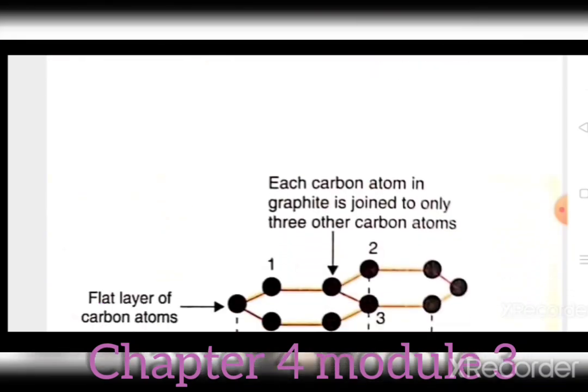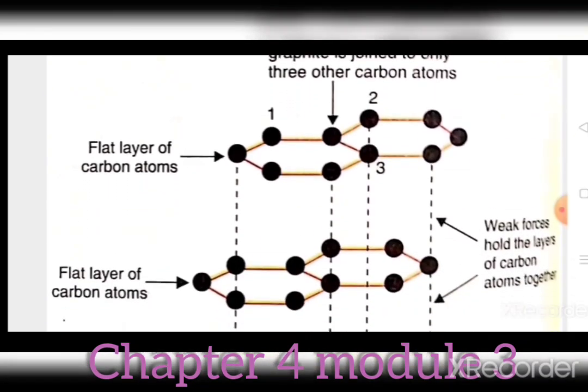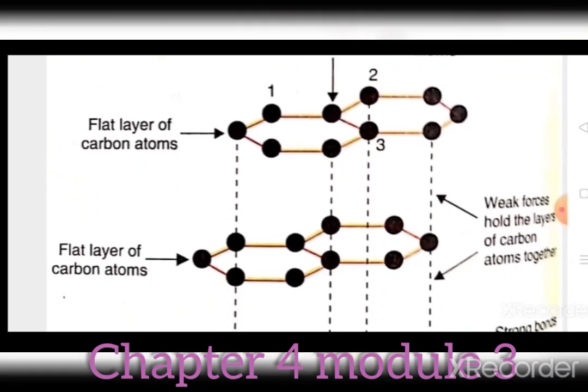Then in the next one you can see the structure, same type of structure for graphite. You can see different layers here. Flat layer of carbon atoms, flat layer of carbon atoms, 2 times it is written, so there are 2 layers here. Then weak forces hold the layers of carbon atoms together, that is shown by dotted line.